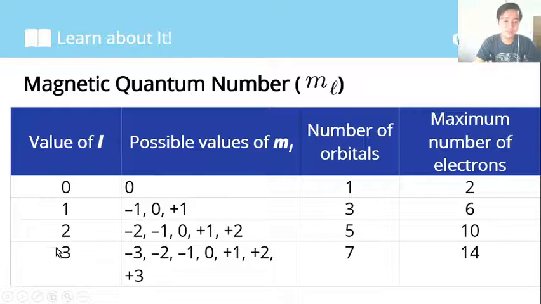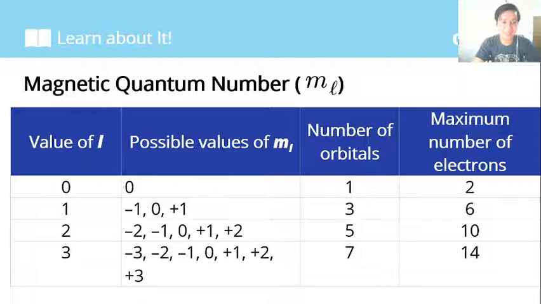But if the value of L is 3, the possible allowed values for M sub L would be negative 3, negative 2, negative 1, 0, positive 1, positive 2, and positive 3. So we know that 0, what symbol does it represent? The orbital designation symbol?